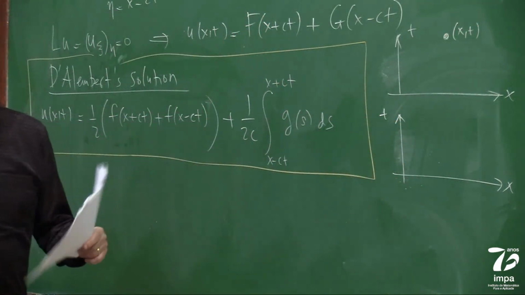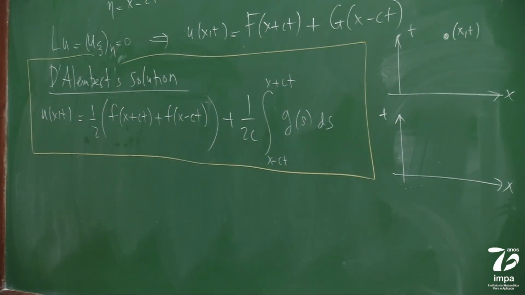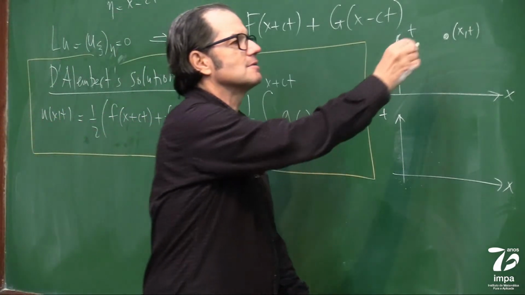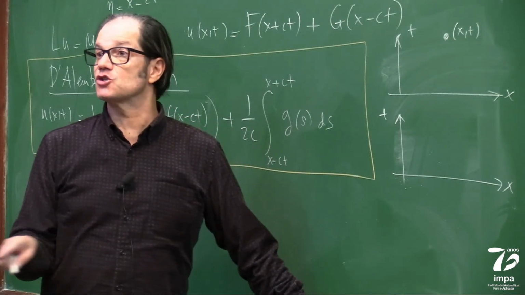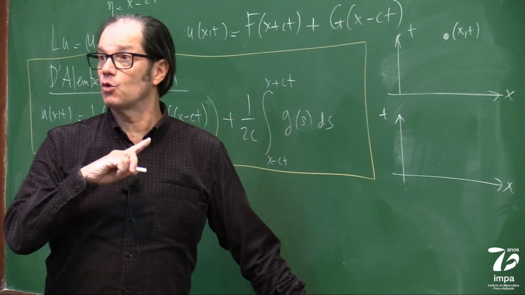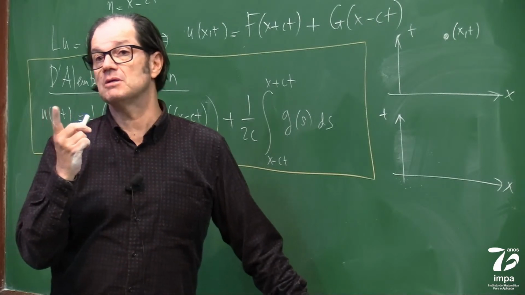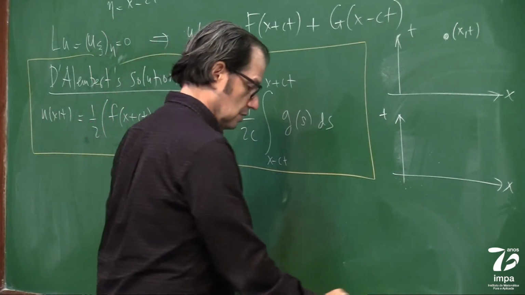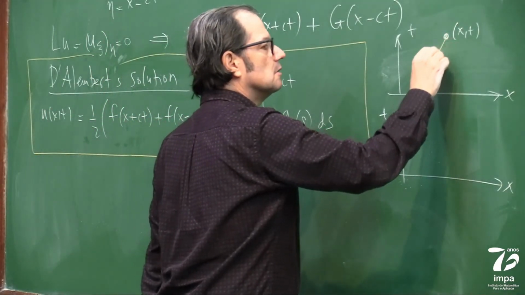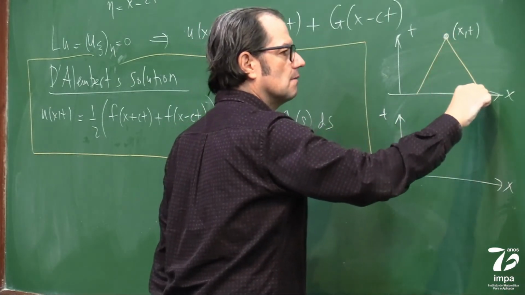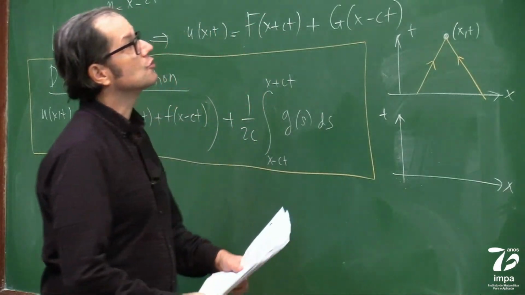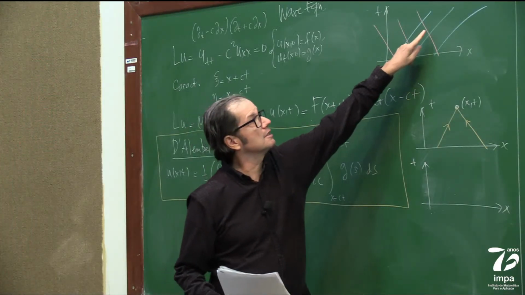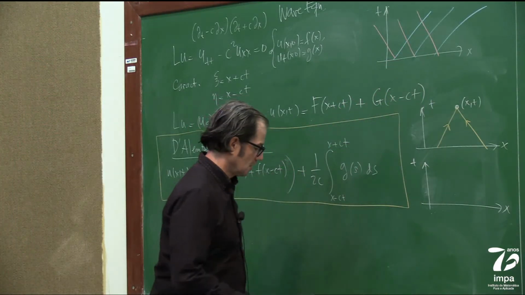Sometimes I put capital X, capital T. And I want to know what is the domain of dependence of this point, which means if I change my initial data, will this point know? Maybe yes, maybe no. Because the information comes like that, which would be this and this.